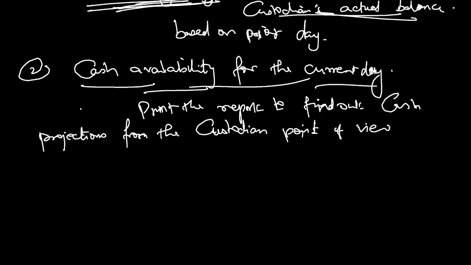From the custodian's point of view, what are the cash projections for today? This will help us know how much cash is there in the fund on the current day with the custodian. Then we will pull other reports that could have impacted the cash availability today, such as the maturity schedule report, to know if any bond matured today, which would have increased the cash availability.